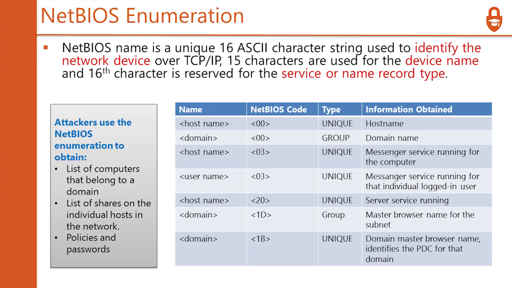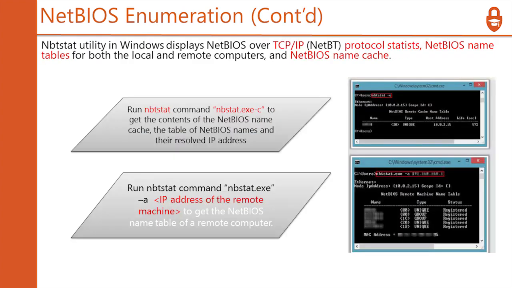Network attackers use NetBIOS enumeration to obtain the list of computers that belong to a domain, the list of shares on the individual hosts in the network, policies, and passwords. The NetBIOS name list has a name column, a NetBIOS column, a type column, and an information obtained column. Under the names, we have hostname, domain, hostname, username, hostname, domain, and domain again. So you have different types of codes. You can take a look here at how this works.